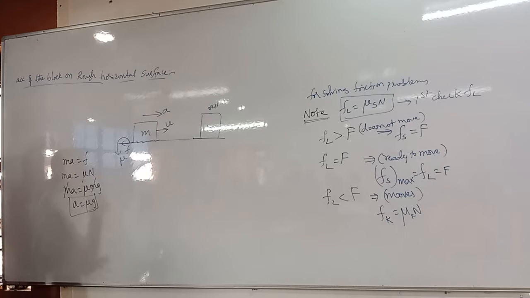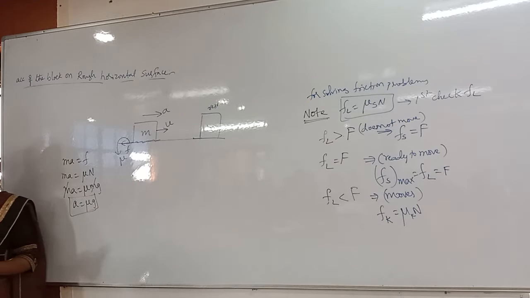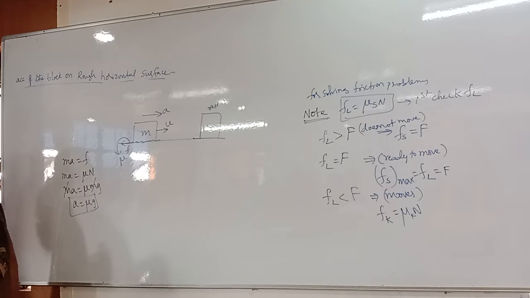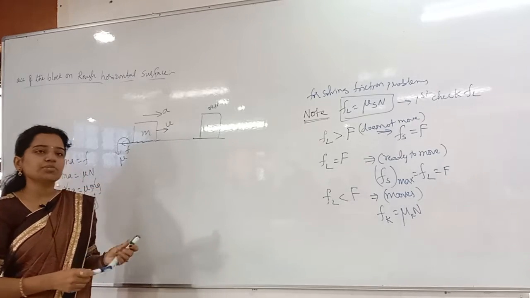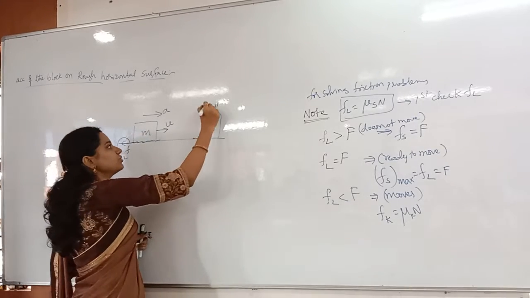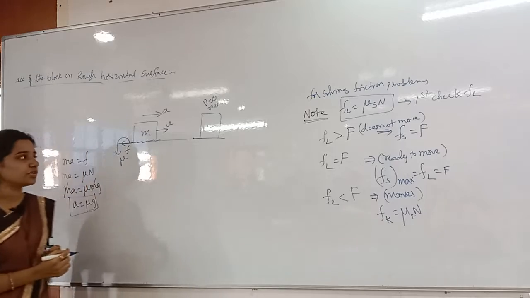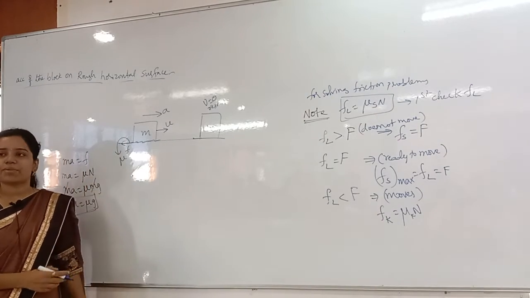Now I am asking you, after what time will it come to rest? V is equal to u plus at, because finally it is coming to rest, so the final velocity v is equal to 0. I have u, I have a, and I am asking the time.